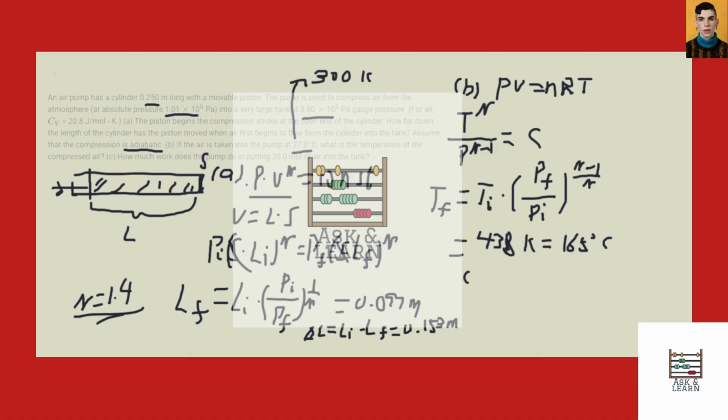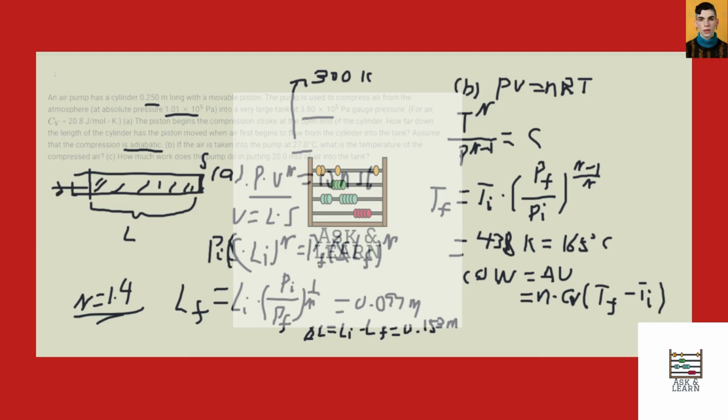And for part C, we want to find out the work added to the gas. Because this is an adiabatic process, the work is simply equal to the change in internal energy, which is n times Cv times delta T. Here, delta T is Tf minus Ti.